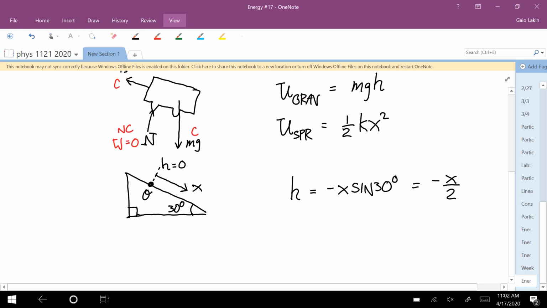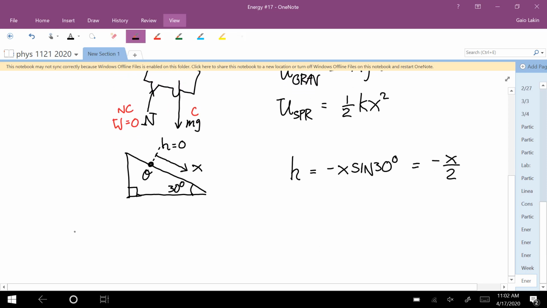So now we have a way to represent all the potential energy using a single variable. So this is equal to 1/2 kx squared minus, it's mgh, but h is x over 2, so this is negative 1/2 mgx.